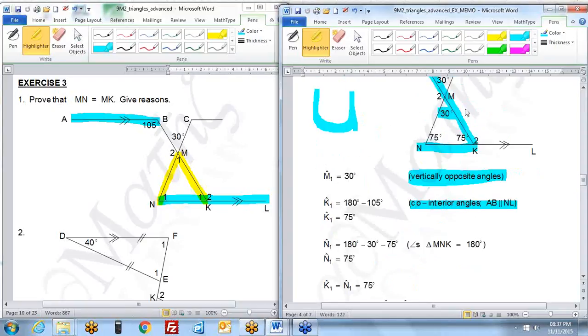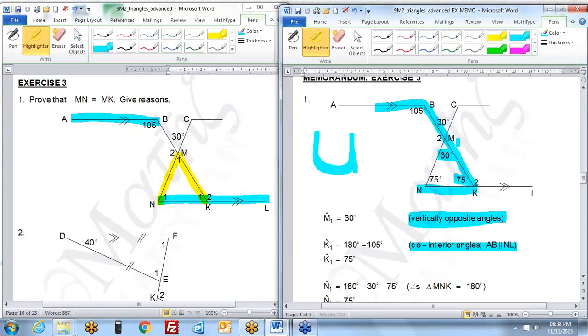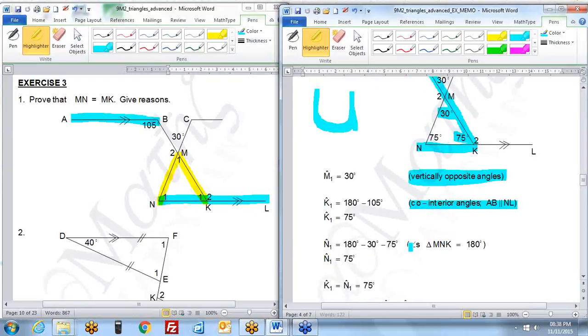Now we have one of the two angles that we need. So we have the angle opposite this side. Now we just need N1. Angle N1 equals 180 degrees minus the 30 minus the 75 because angles of a triangle, and please mention which triangle, MNK, equals 180 degrees.